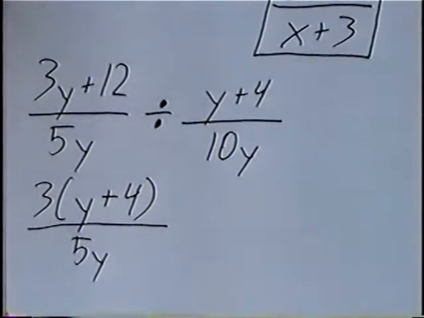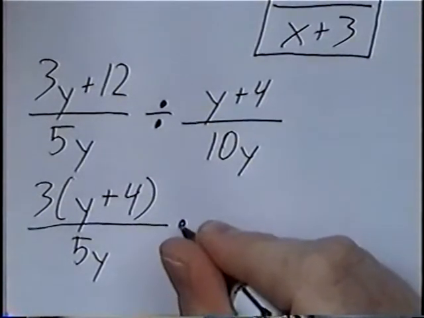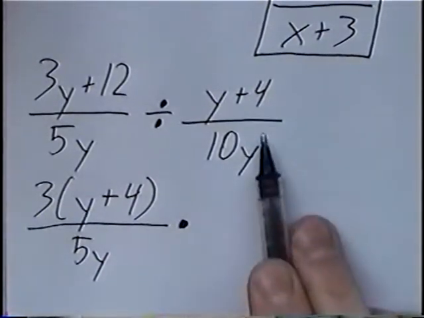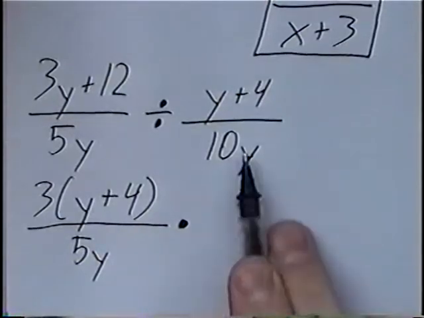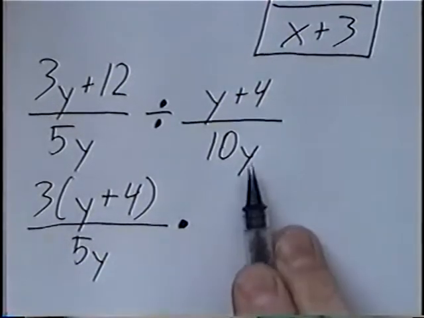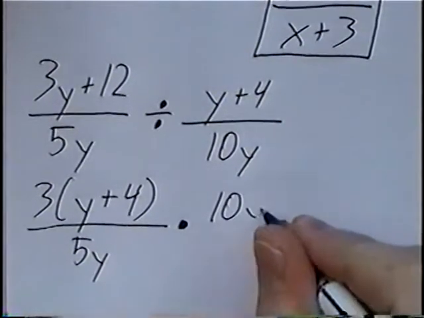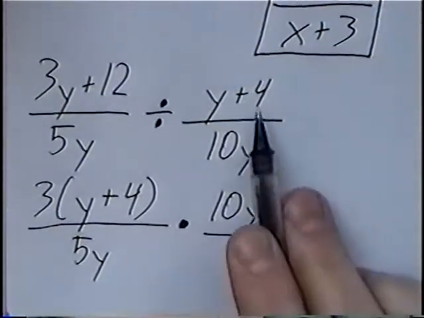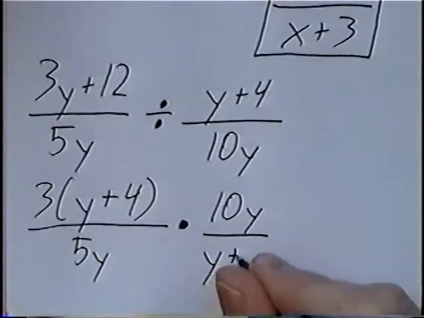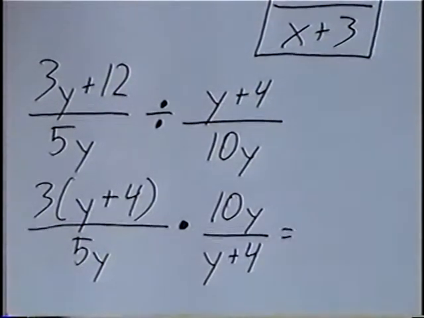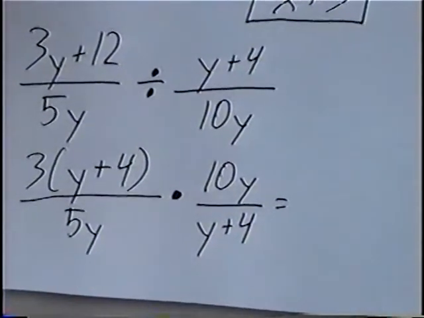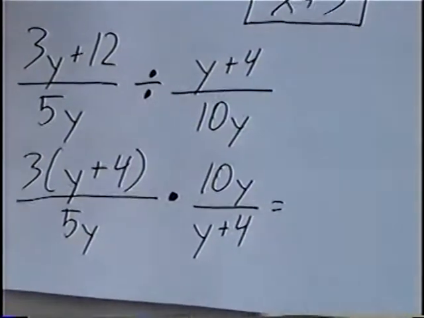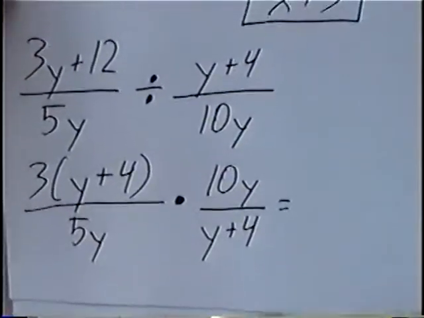Dividing again by a fraction, we can change to multiplication, and we'll end up flipping or taking the reciprocal of the second fraction. So 10y will become the numerator, and y plus 4 will be the denominator. Multiplying, we can multiply the fractions again straight across.